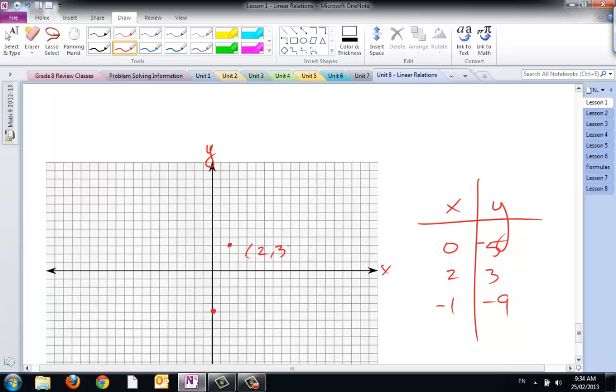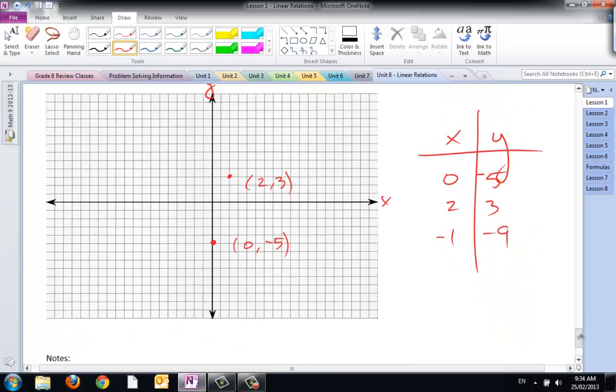I should write these in. And I'm going to go to -1 and -9. There we go, -1 and -9. And I can take those 3 points and I can create a line.